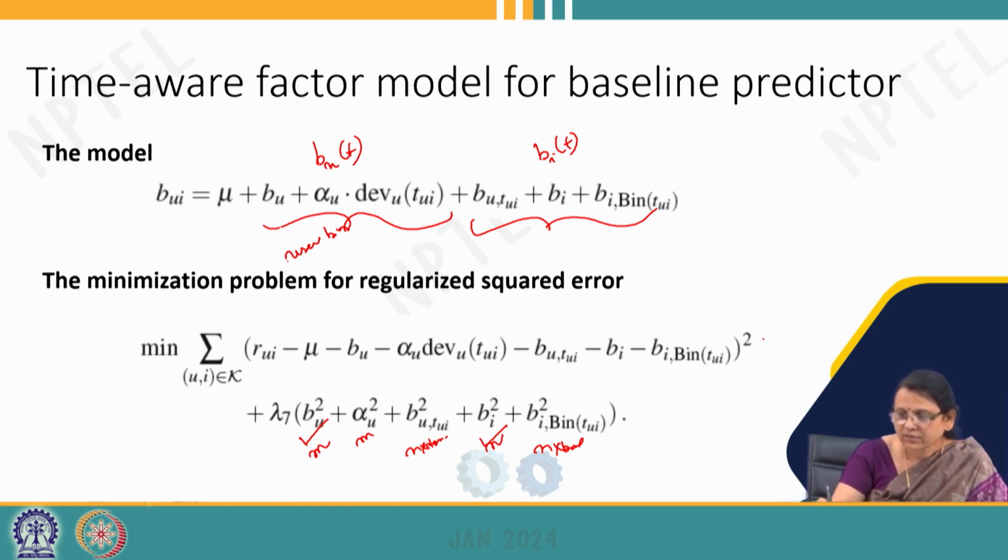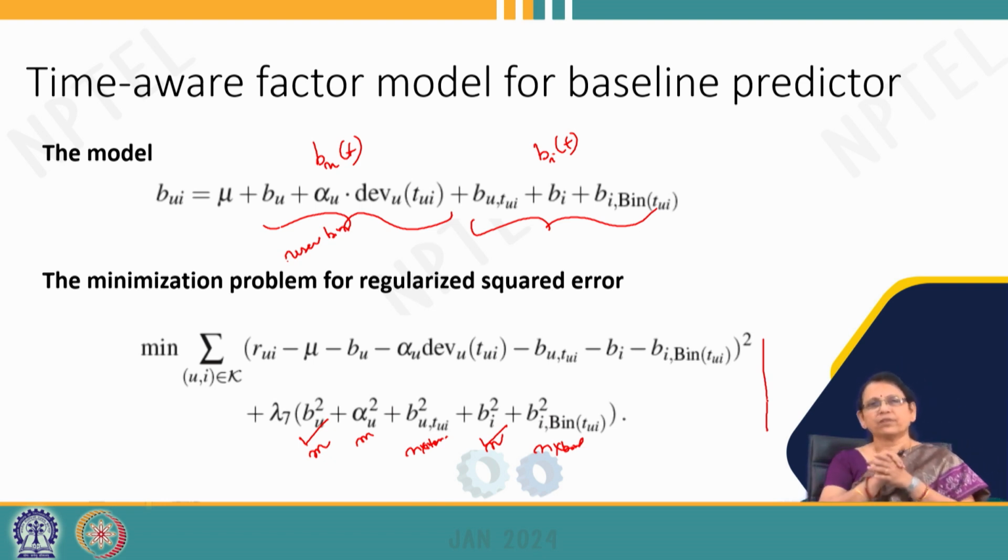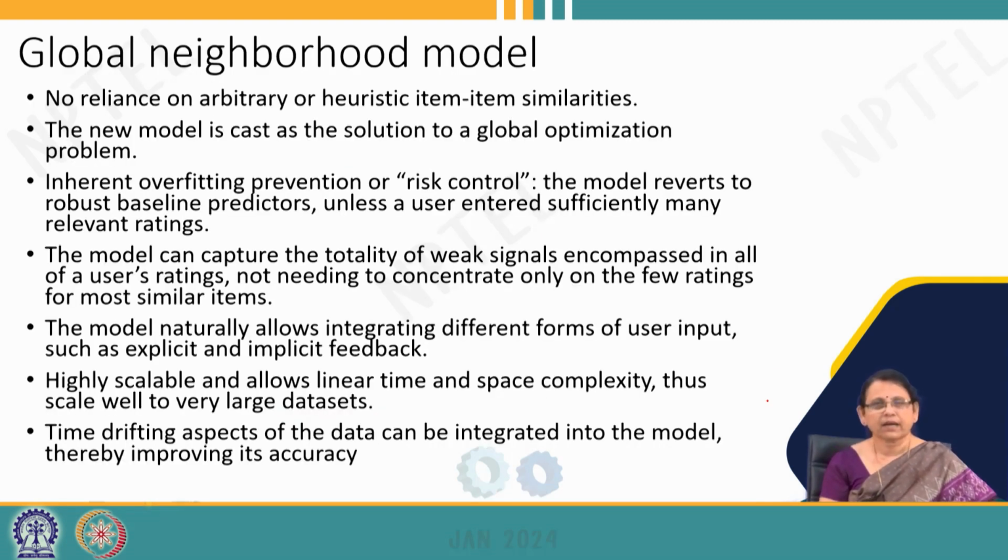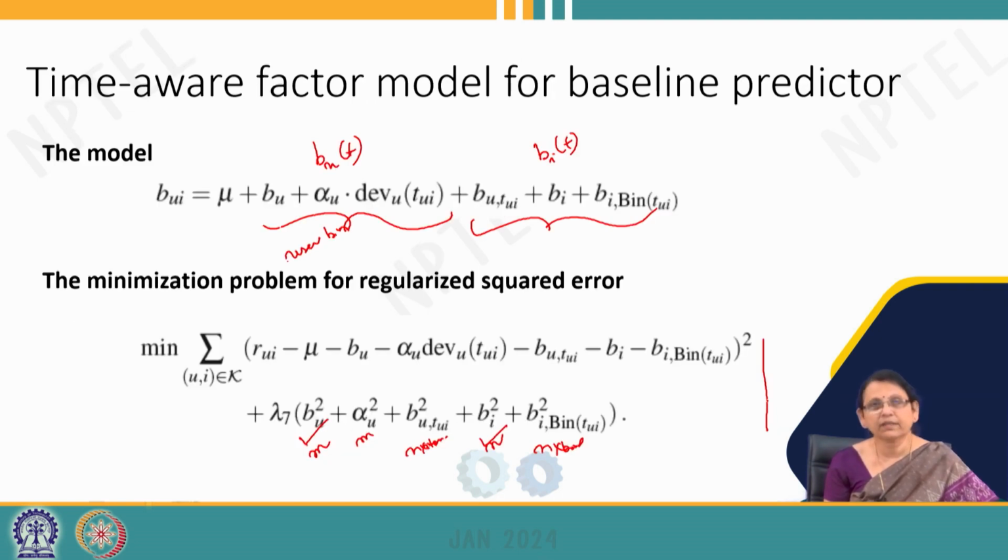So, this is the model. Now, as usual, what will you do with respect to all the variables? You will try taking the partial derivative, set it to 0 and derive some kind of update equations. After deriving the update equations, you will be using stochastic gradient descent to learn them from the data.